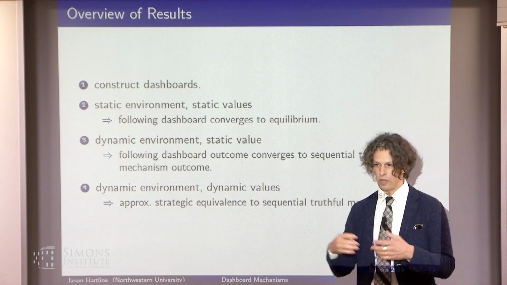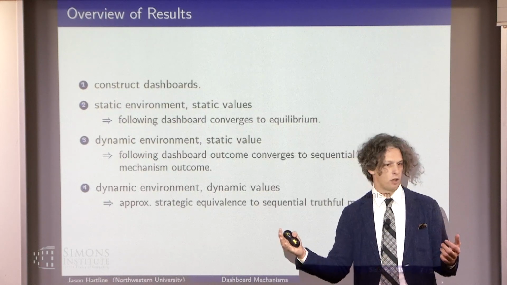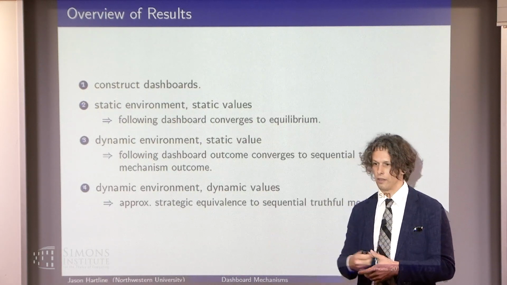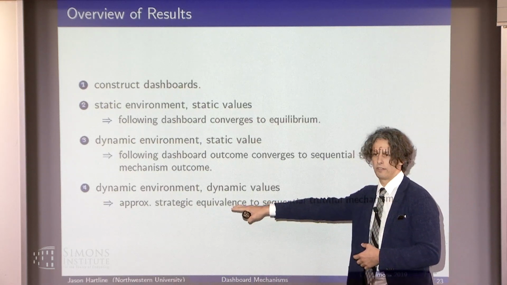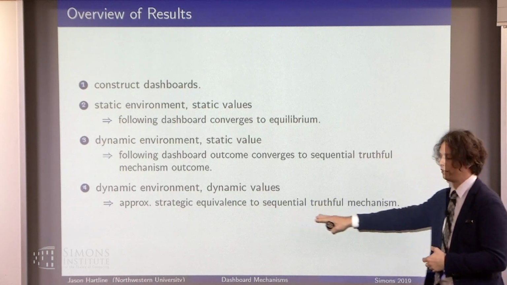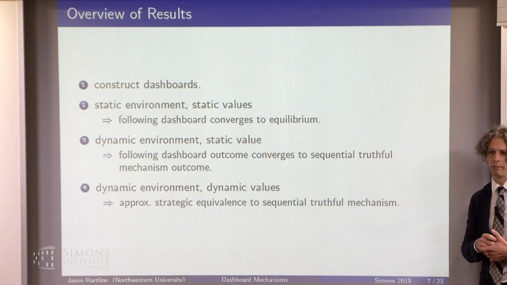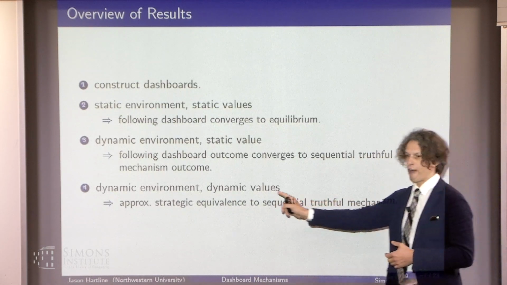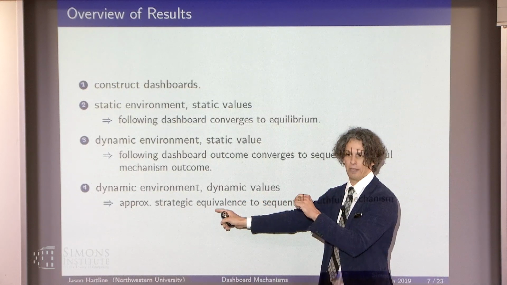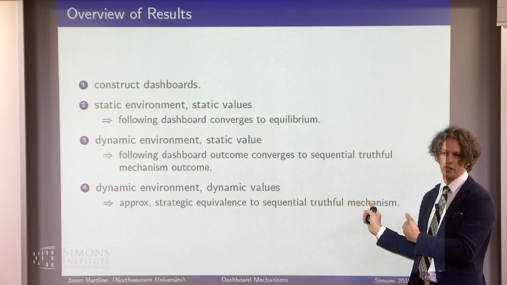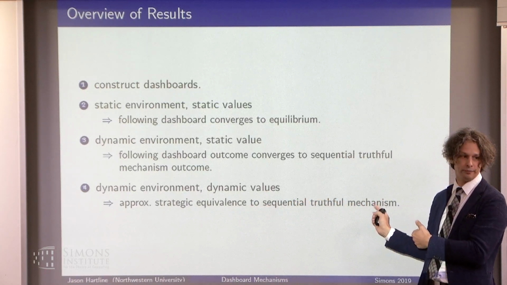And we all know that there's truthful payments that go along with this allocation rule. And so the dashboard is going to be basically strategically equivalent to the truthful mechanism. And following the dashboard, meaning bidding your best response for your value in the dashboard, is going to correspond to the truth-telling strategy in the sequential truthful mechanism.